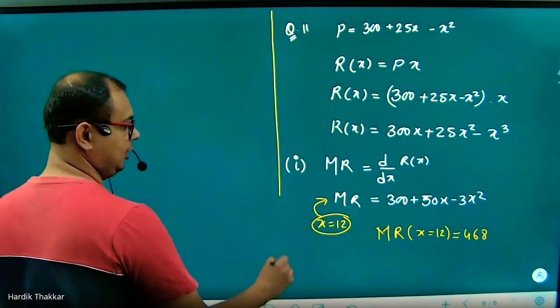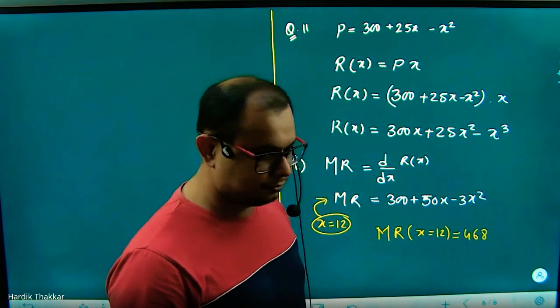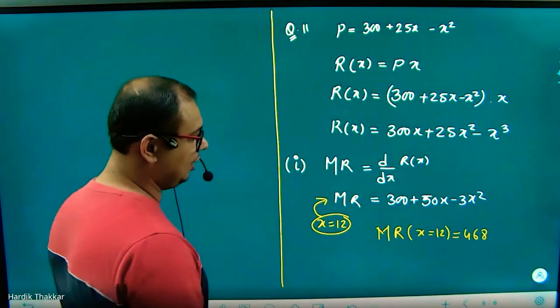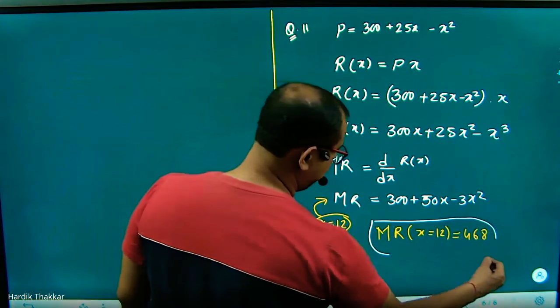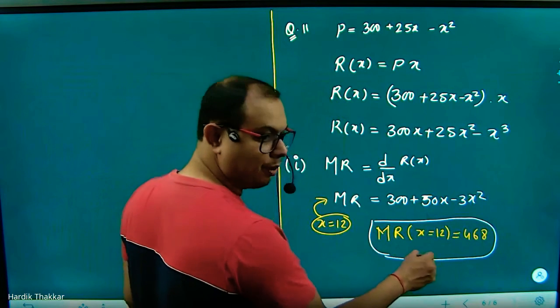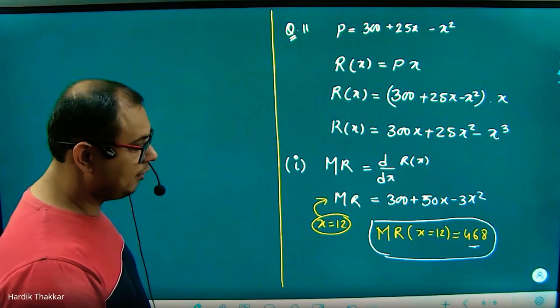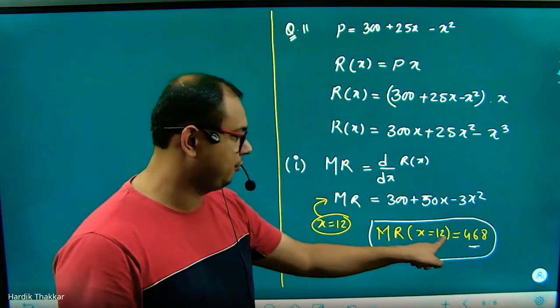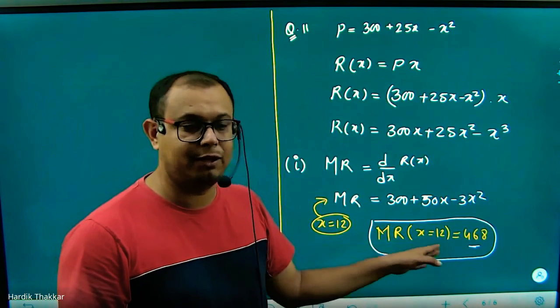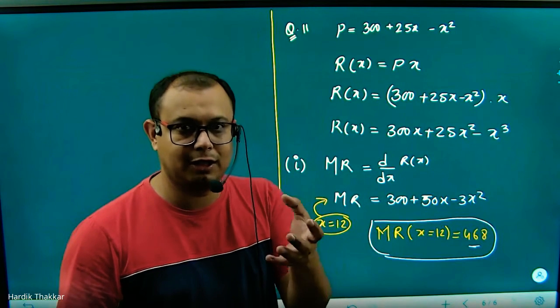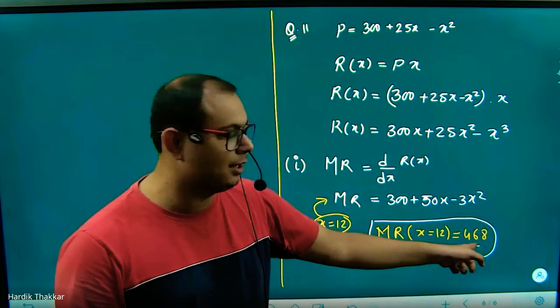Okay, up to here it is done. Let me explain the interpretation. If MR at x equal to 12 is 468, it means that for the 13th product we are selling, we will get a revenue of 468.